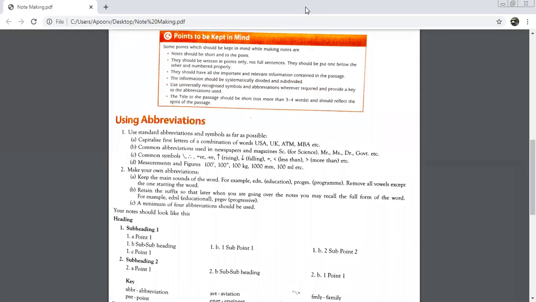Can anyone explain this rule with the help of an example? Ma'am, suffix should be there. Like for primitive, we can use PRM. Okay. Anyone else?